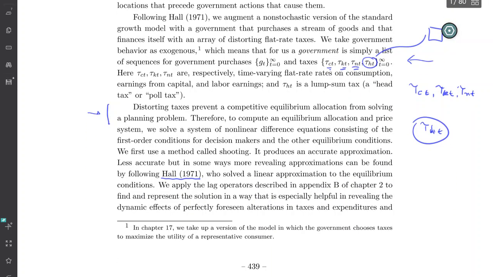And the role of this chapter is to set up later chapters where we do normative analysis. This chapter is all going to be positive. It's just going to describe that if you impose certain kinds of taxes, this is what's going to happen to equilibrium allocations and prices.